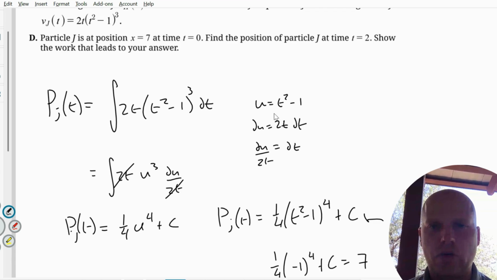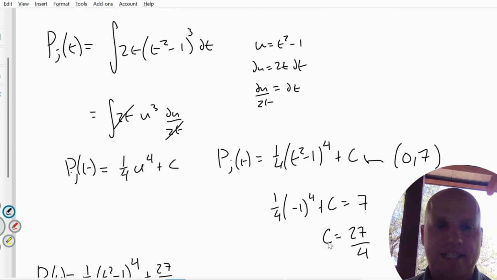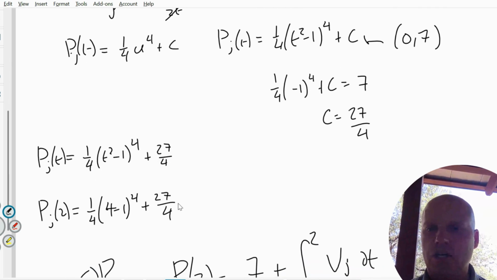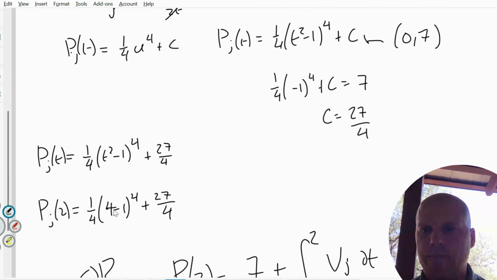If you use U substitution, you would have found that the 2t's canceled. You had U cubed, whose antiderivative you take. You plug in 0 and 7 and you get a C value, which is not the nicest, but not horrible. This is 28 fourths minus 1/4, which is 27 fourths. And all you need to do is plug in 2 and call it a day.